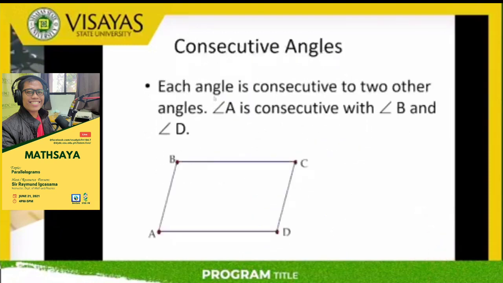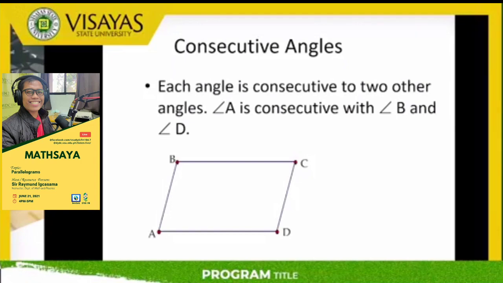Alright, so moving to our next property, which is the consecutive angles. When we say consecutive, in our dialect it would mean one following the other. Each angle is consecutive to two other angles, whether your direction is clockwise or counterclockwise.